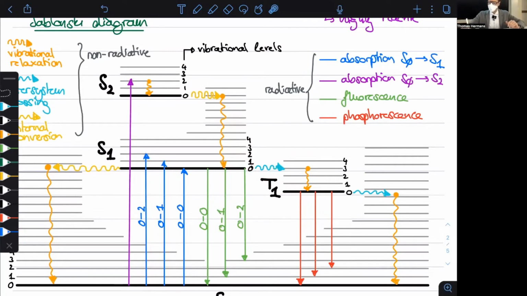If you have two molecules in a triplet state, they can transfer their energy, and it's called triplet state annihilation. It's not that important, but you get two triplet states, one goes to S1, and the other goes to S0. And then you can actually get fluorescence from S1.